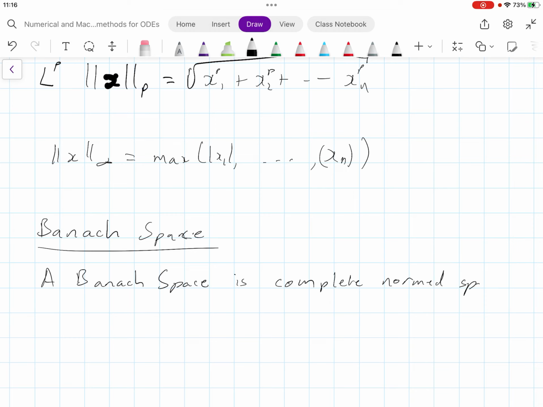Now, of course, in pure mathematics, there are examples where this isn't going to be the case. And of course, the norm can change. So the L2 norm is more commonly used in machine learning, while the L1 norm is the more common one that we use for the classical numerical methods.